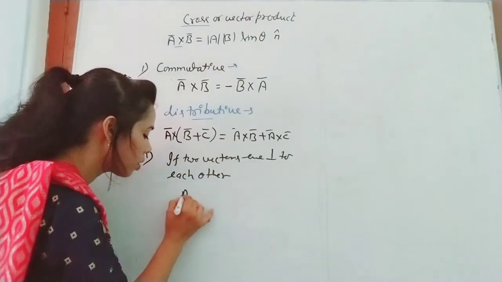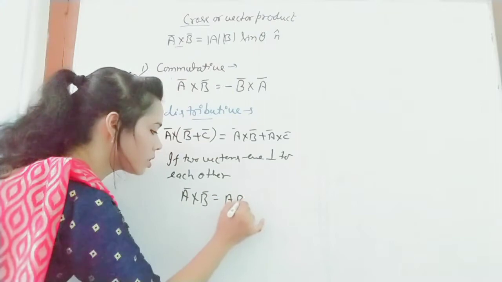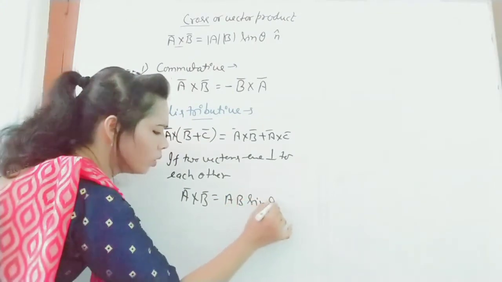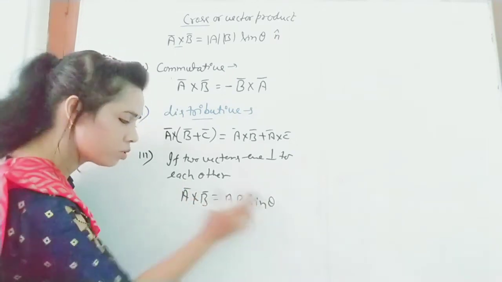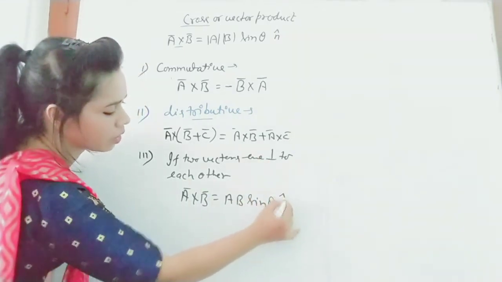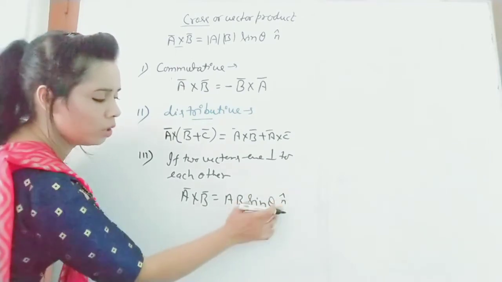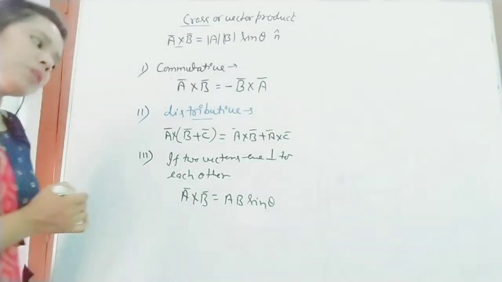A cross B equals AB sine theta n. Here n is a unit vector, magnitude 1, only showing direction. That's why I am taking only the magnitude. So the magnitude of A cross B equals AB sine theta.